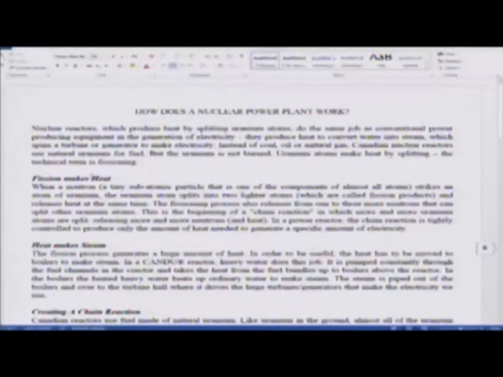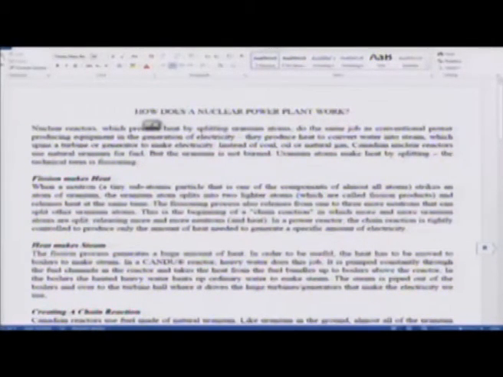Fission makes heat when a neutron, a tiny subatomic particle that is one of the components of almost all atoms, strikes an atom of uranium. The uranium atom splits into two lighter atoms, which are called fission products, and releases heat at the same time.